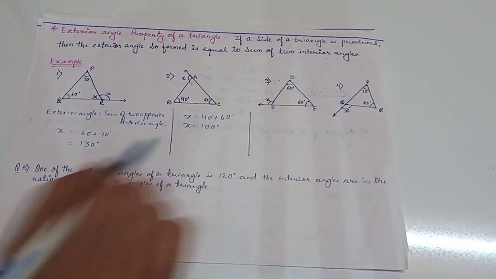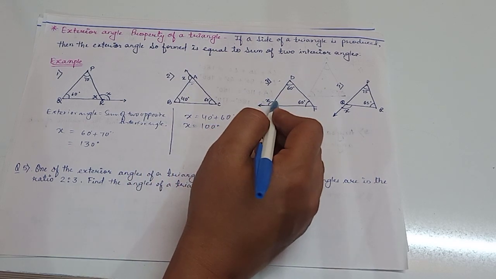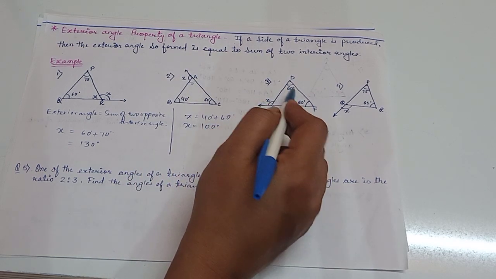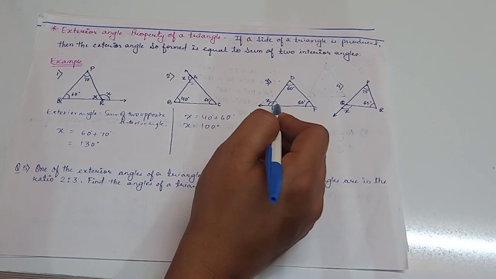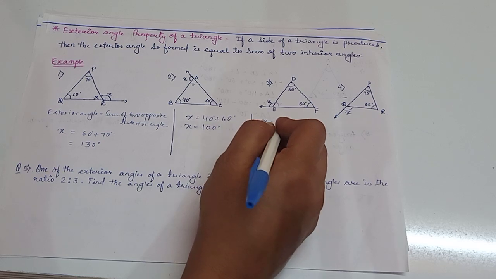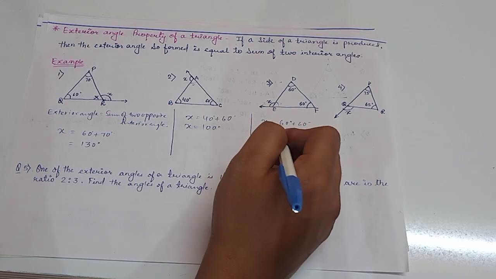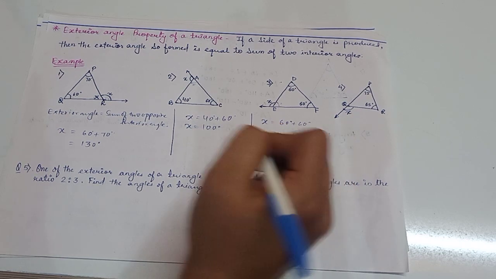Similarly, for the third one, again x is here, this is an exterior angle. How can we find this exterior angle? By adding these two opposite interior angles. We'll not consider this angle. We'll take these two angles. So here x is equal to 60 degrees plus 60 degrees, that is equal to 120 degrees.